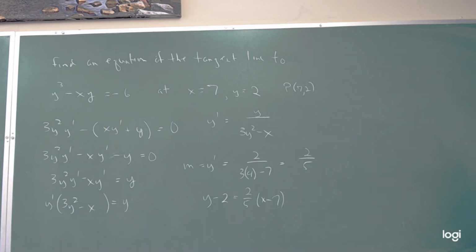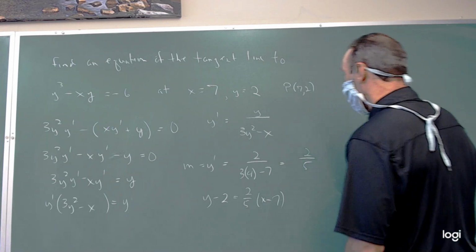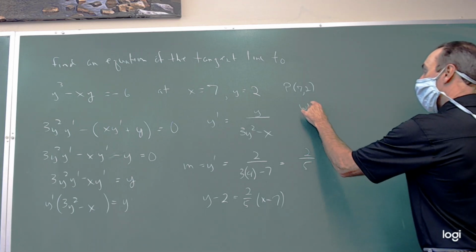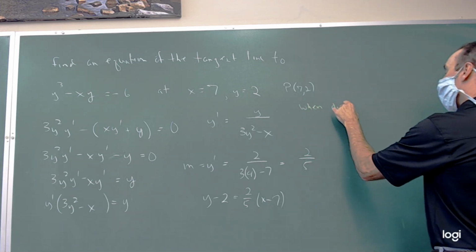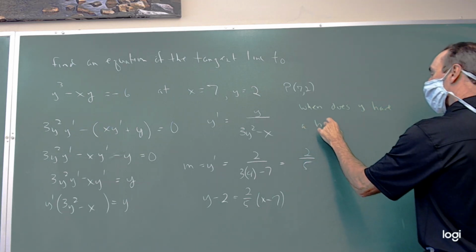Oh, what else can I ask you to do here? Can I ask you, on the same one, when does this have a horizontal tangent? When does y have a horizontal tangent?